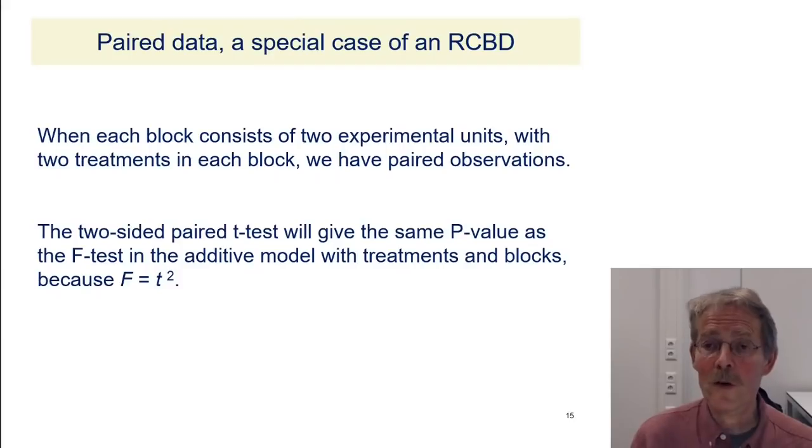If you handle paired observations as if it was a block experiment, so you write down an ANOVA model with blocks and treatments, the F-test for treatments is actually the square of the paired t-test, and you get the same p-value with the F-test as you get with the t-test in week number 1. So it's not as if you have to rack your brain whether to use blocking with ANOVA to test for differences or a paired t-test. When you have blocks of size 2, they will give you the same results.